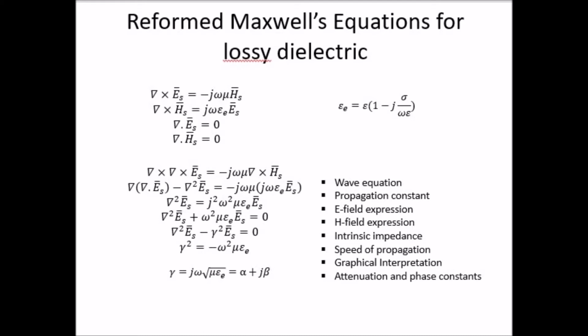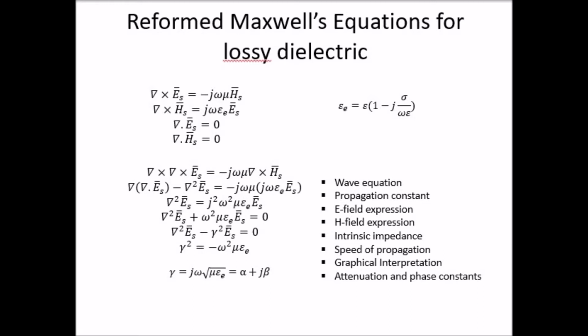The significance of gamma is it has alpha and beta, where alpha is the real part and beta is the imaginary part. We also show how to visualize the wave in lossy dielectric.